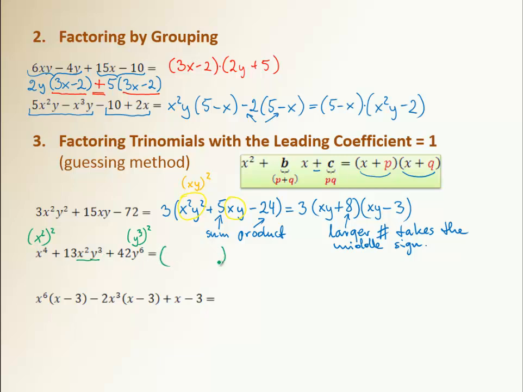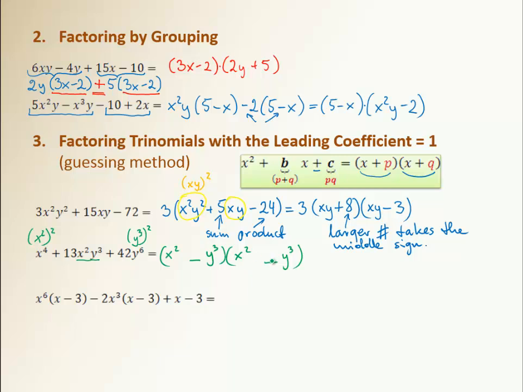Well, let's prepare two brackets. Copy the first variable under the square, which is x squared, as a first term in your brackets. Copy the last variable under the square as your last term. And figure out coefficients by x cubed.